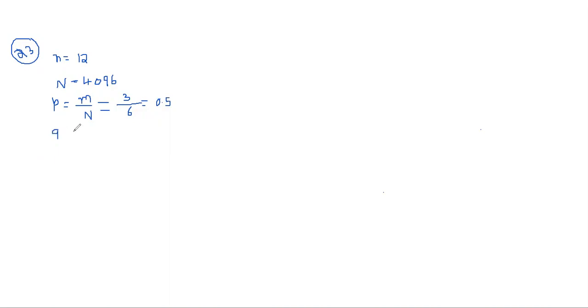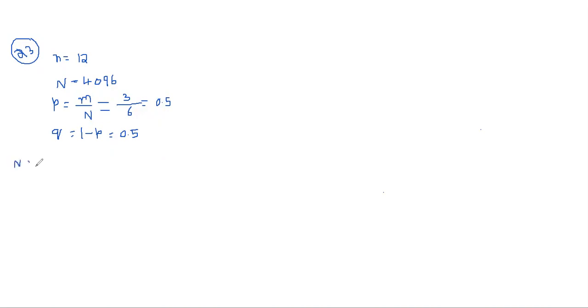Q is equal to 1 minus P, which is equal to 0.5. So now you have N, small n, P and Q. So what is the formula for the binomial distribution?